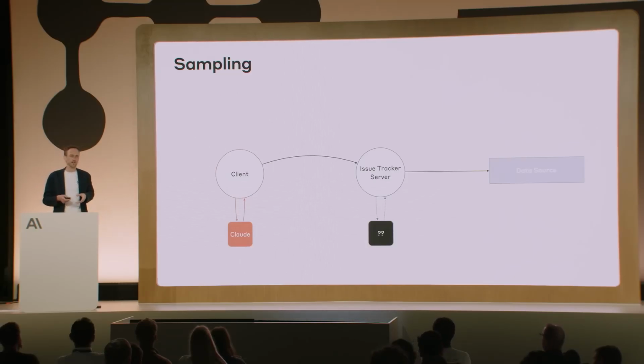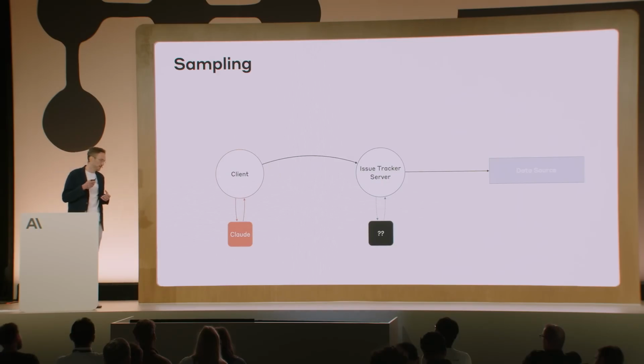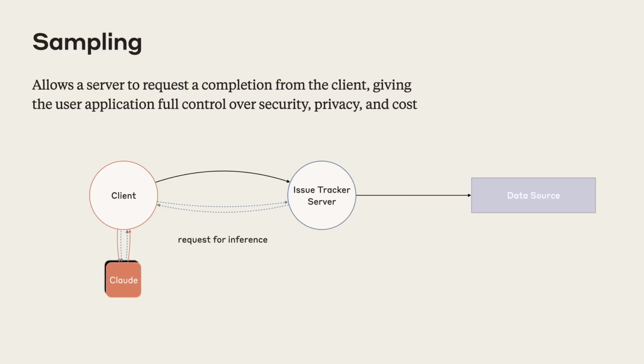And so you bring your own SDK of a model provider, be it the Anthropic SDK, you still need an API key that this user needs to provide. And it gets very quickly very awkward. And so MCP has a little hidden feature, a little primitive called sampling, that allows a server to request a completion from the client.